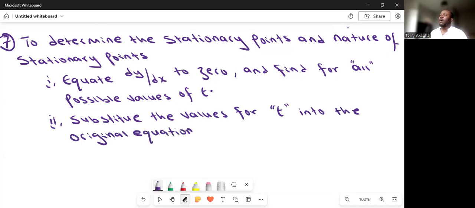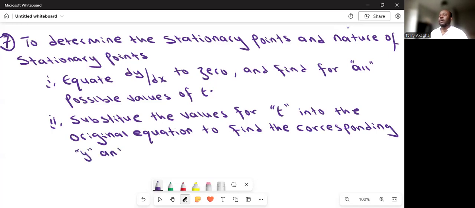The reason why you're substituting into the original equation is to find the corresponding y and x values.